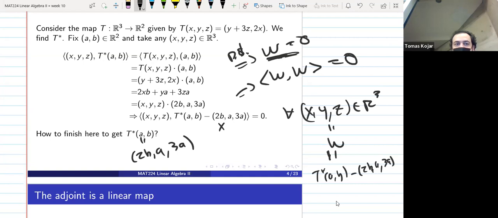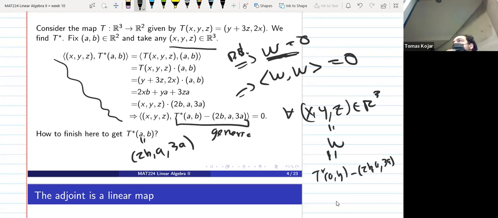Initially, this is done for any X, Y, Z. You have to prove this for all X, Y, Z because this element here is generic. So X, Y, Z needs to be generic.